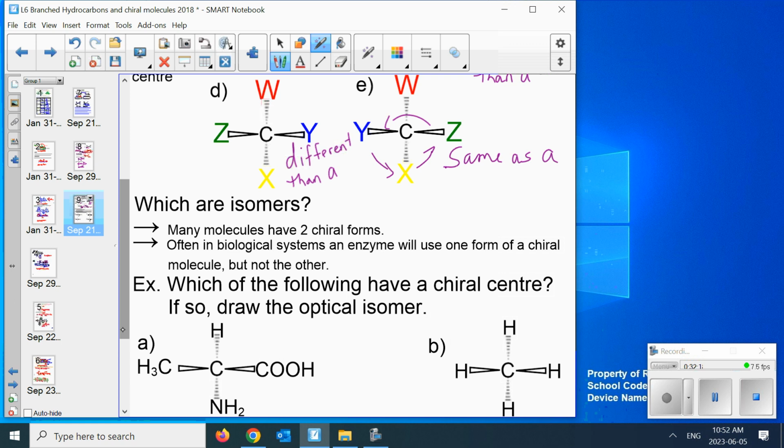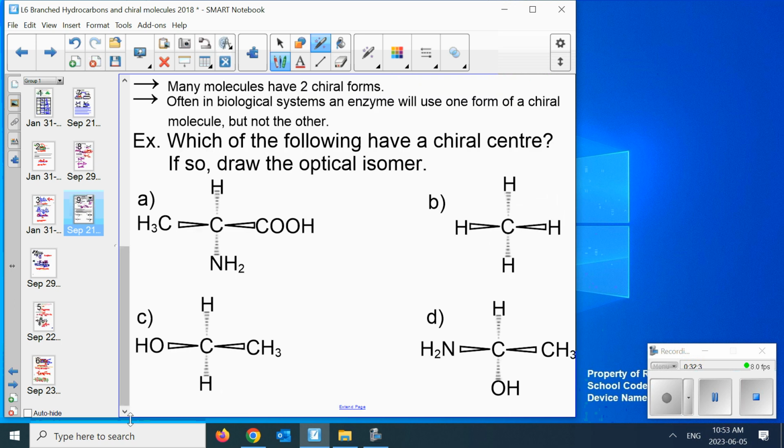So why is it important? Further study in biology and biochemistry, then it becomes quite important. To do the last question, I'd say the easiest way to draw the optical isomers is to draw the mirror image. There are other ways of drawing it.